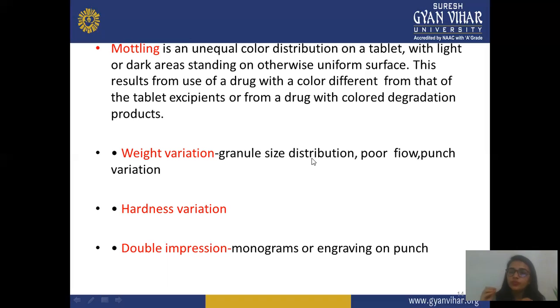Engraving means you make a certain symbol or put a certain alphabet on a tablet to make it unique compared to any other tablet. And when you engrave a tablet, it forms a double impression, meaning maybe overlapping of that particular symbol or alphabet, and this is known as double impression. These problems mainly occur in this engraving or making a certain graph on the punch.